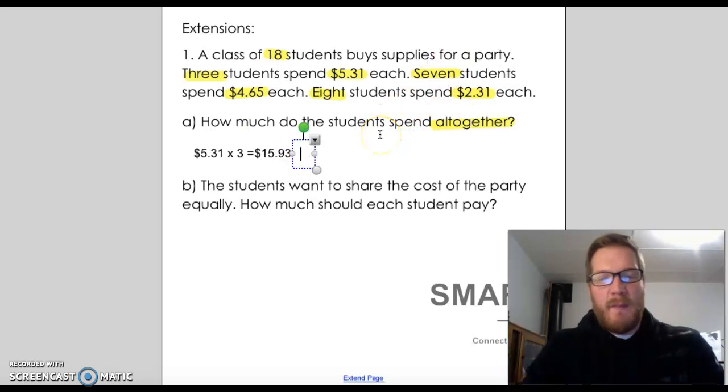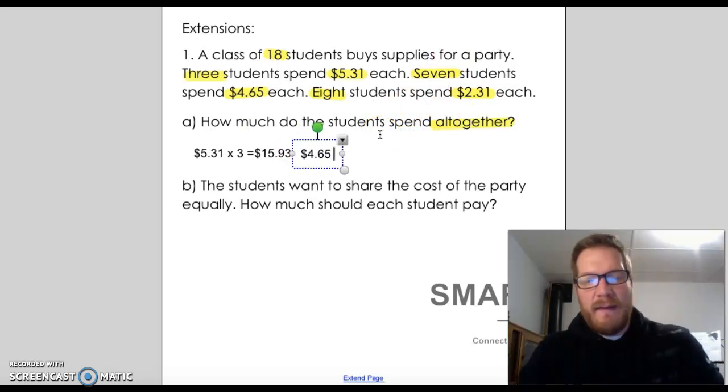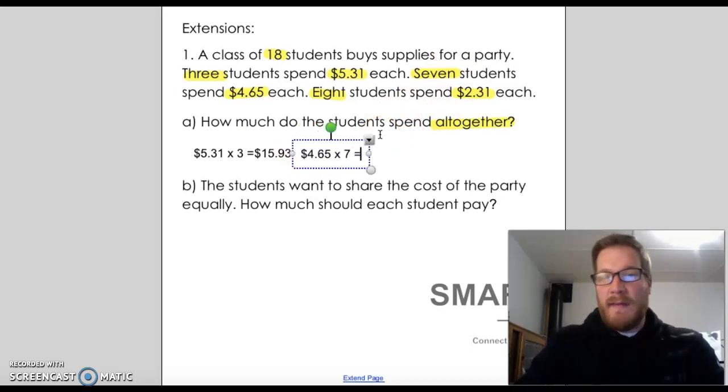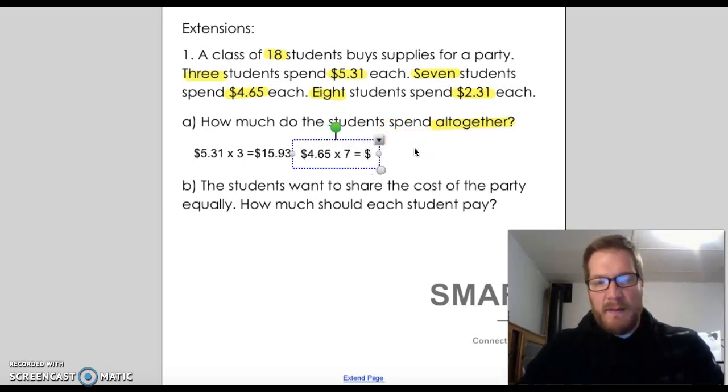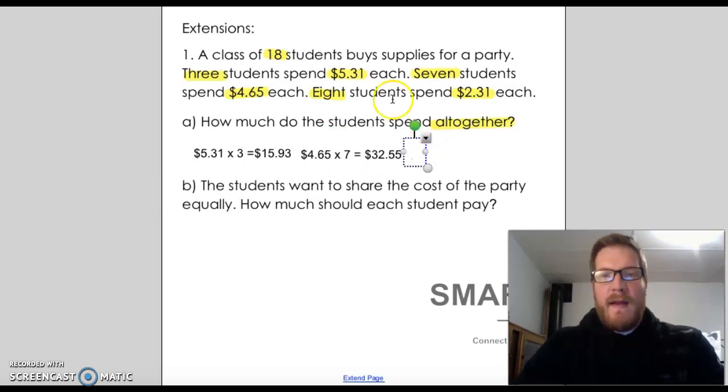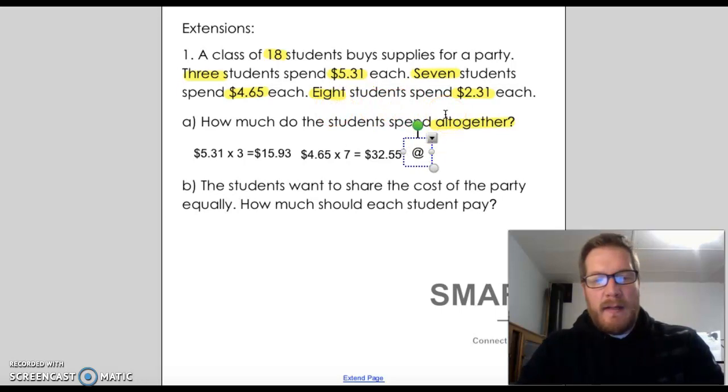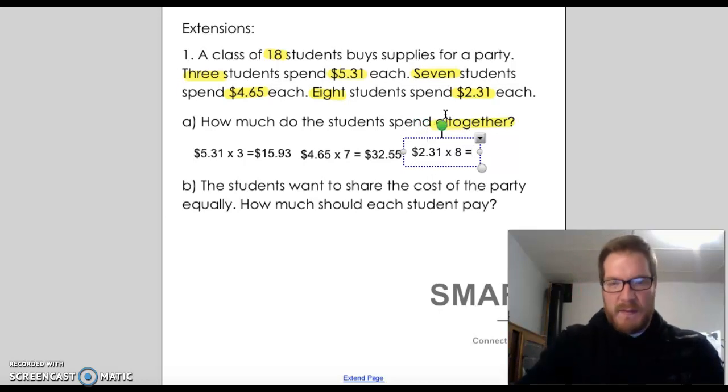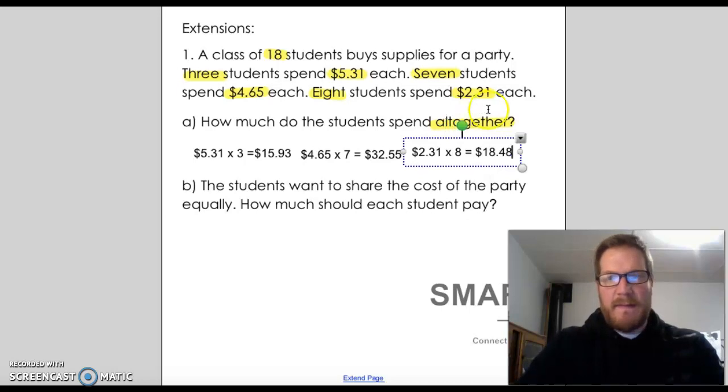7 kids spend $4.65. So I'm going to write that as a multiplication question rather than an addition question. And when I do that multiplication, I get $32.55. And then I have 8 kids spending $2.31, and when I do that multiplication, I get $18.48.